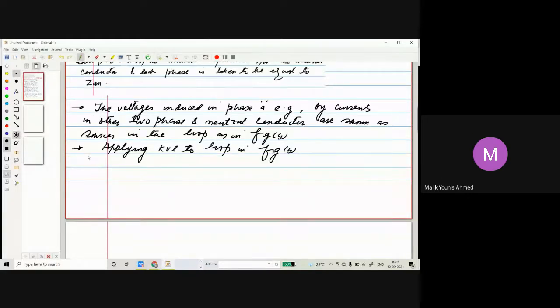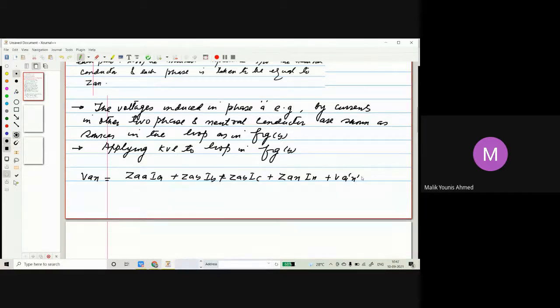So VAN can be written as, first it will be ZAA self impedance, then we'll consider the mutual, ZAB IB, then ZAB IC, then we have with neutral conductor ZAN IN, and then we will move to VA dash N dash.